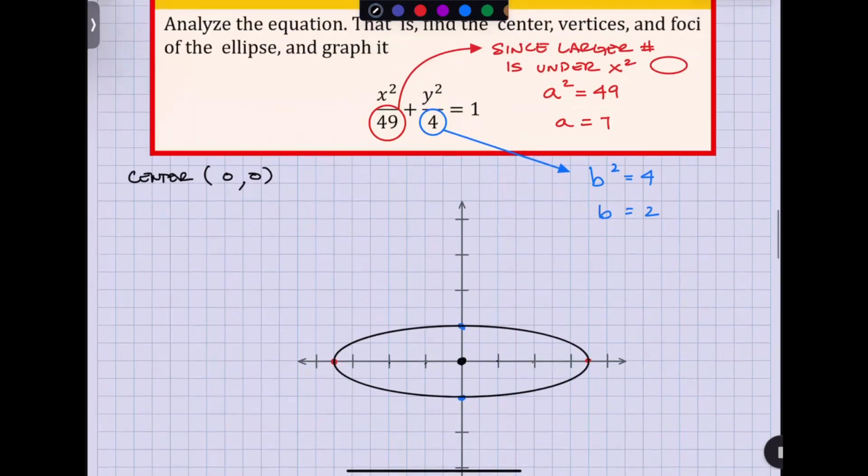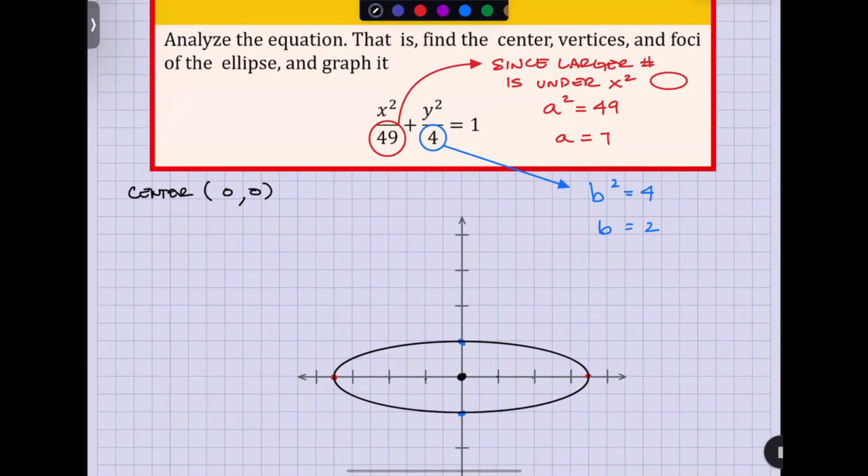So what are we missing here? We're missing C because it wants to know the center, the vertices, the foci, right? In order to get the foci, we need to get to C. Okay, so what's C squared equal to? Awesome. So C squared is equal to 49 minus 4.